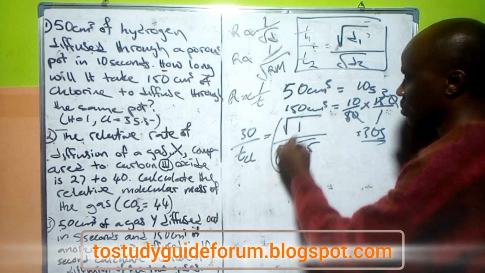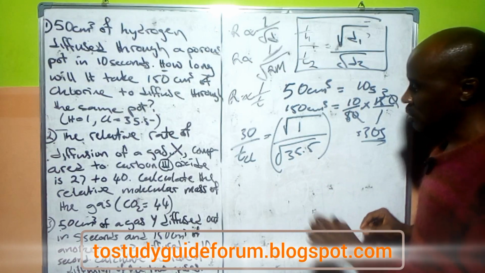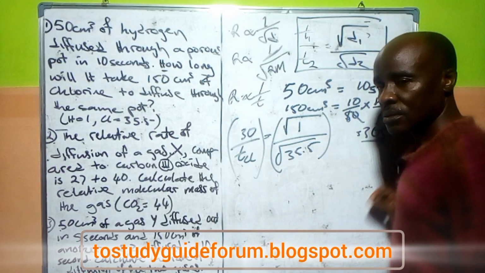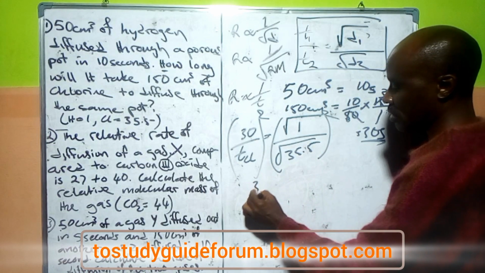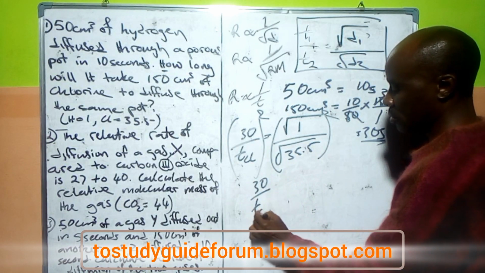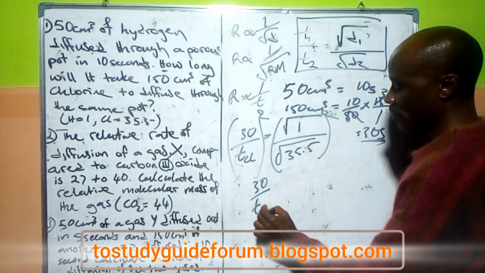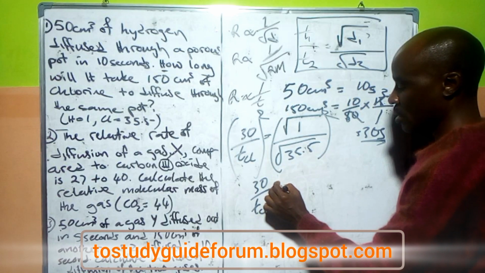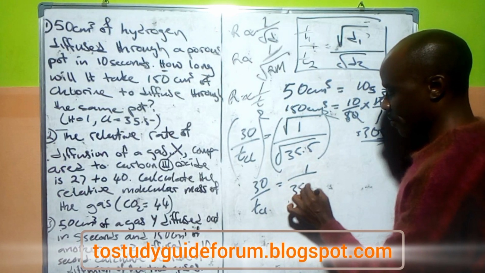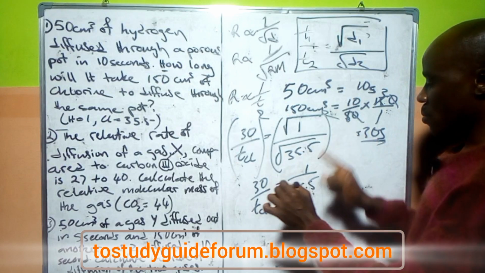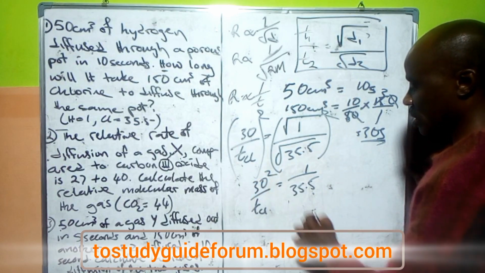If we are removing the square roots, we square both sides. When we square both sides, what we have is 30 over the time for chlorine equal to 1 over 35.5. Then when we cross over, this is squared, 30 squared.